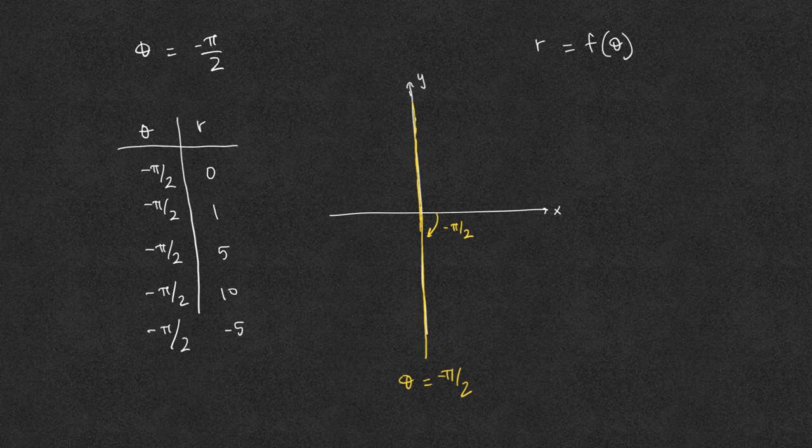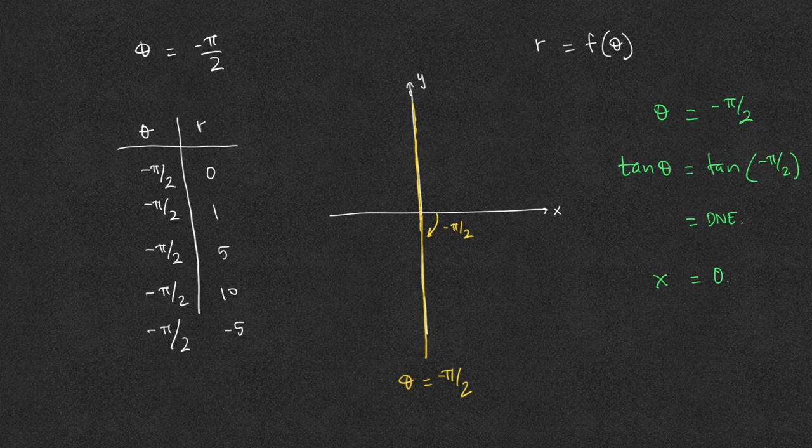To see that this is the equation that goes through x equals 0 in the rectangular coordinate system, we start with theta equals negative pi over 2, and then we take the tangent of theta. But the tangent of negative pi over 2 does not exist, and that is why we have the vertical line x equals 0.